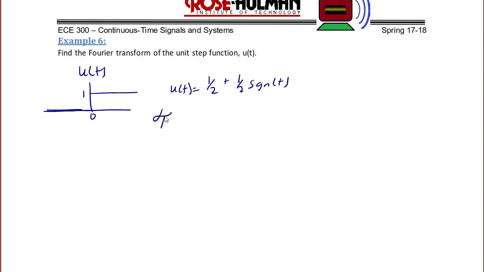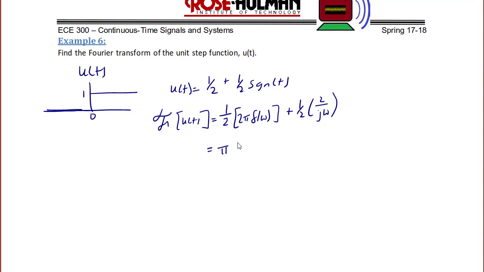So then when we find the Fourier transform of u(t), we just need to find the Fourier transform of a constant and 1/2 the Fourier transform of signum of t. So it's going to be 1/2 times 2π δ(ω) plus 1/2 times 2 over jω, which simplifies to πδ(ω) plus 1 over jω.